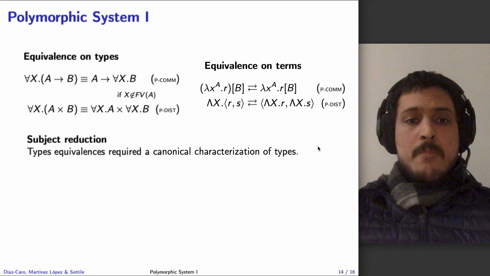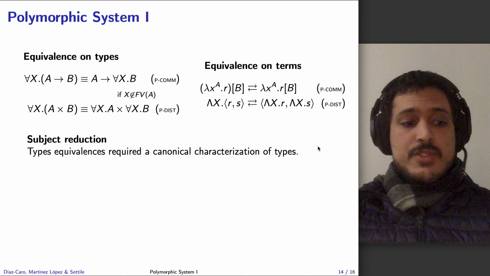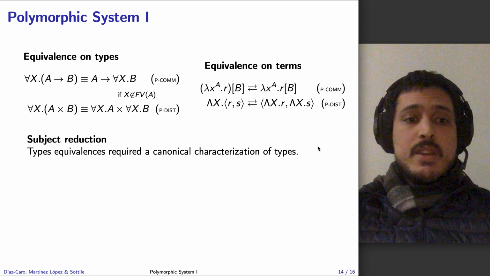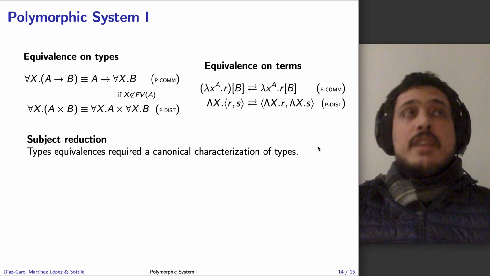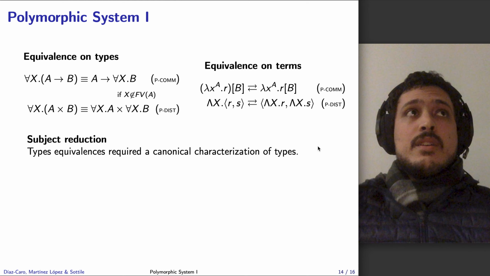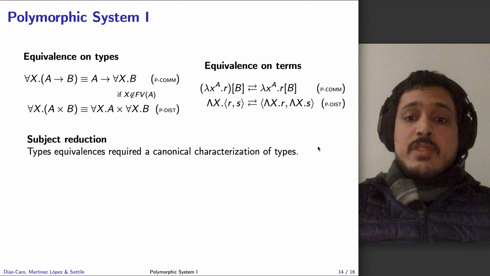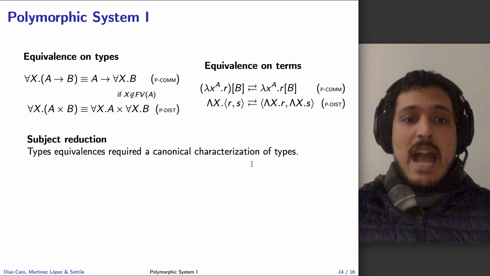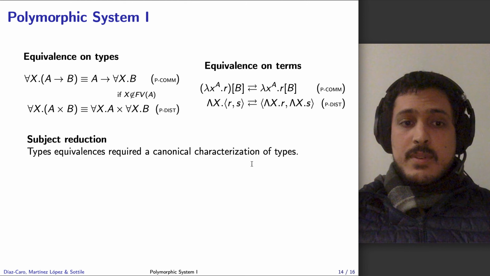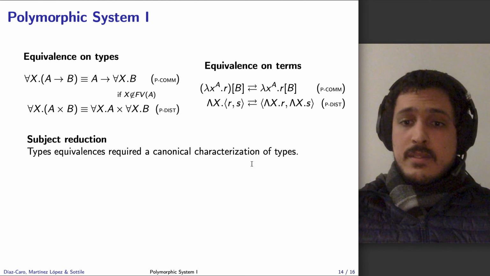And we proved subject reduction, which was not a trivial proof because of the amount of type equivalences that arise from these axiomatic type equivalences, right?